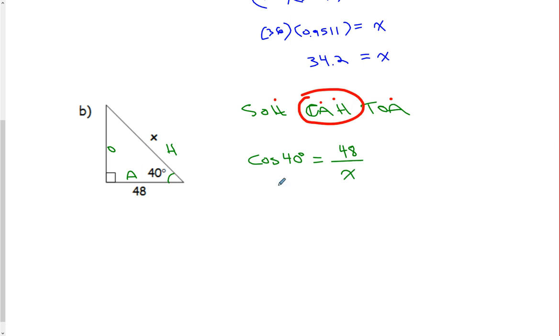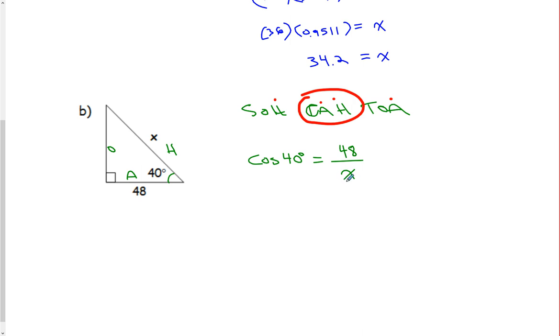Now we need to solve for x. That means we need to have it on the numerator. Right now it's on the bottom, it's on the denominator. You might have heard the term in grade 10, just cross multiply. And that's fine. If that works for you, that's good. I find that doesn't really describe what you're doing with the math, so I want to describe it a little differently. I'm going to multiply both sides by x.